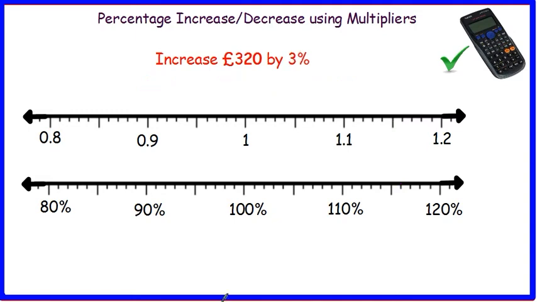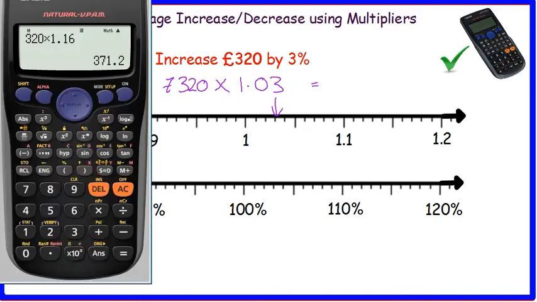Increase it by 3%. Here's my 3%. So it's going to be £320 multiplied by 1.03, which is £329.60.